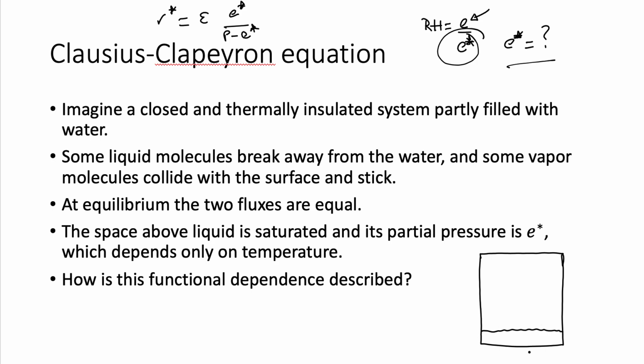And what's going to happen? Well, you remember that we talked about the Maxwell-Boltzmann distribution of velocities in a gas, and I gave you a nice formula. Well, in a liquid, things will be more complicated because the interactions are not as simple as in a gas, but you can imagine that velocities in the gas and energies in the liquid will also be distributed with some kind of distribution.